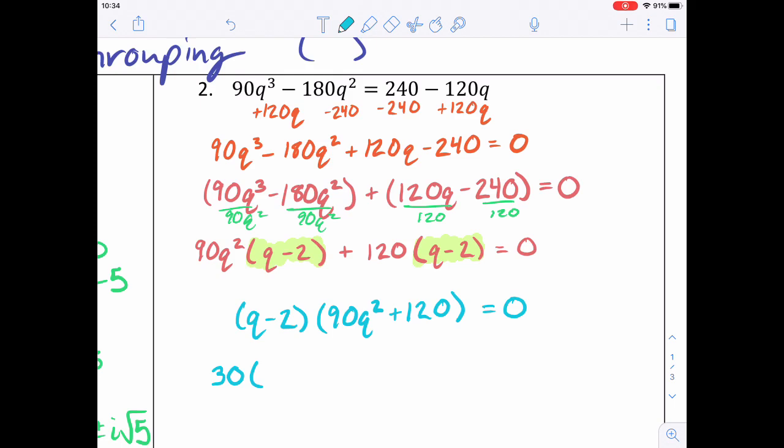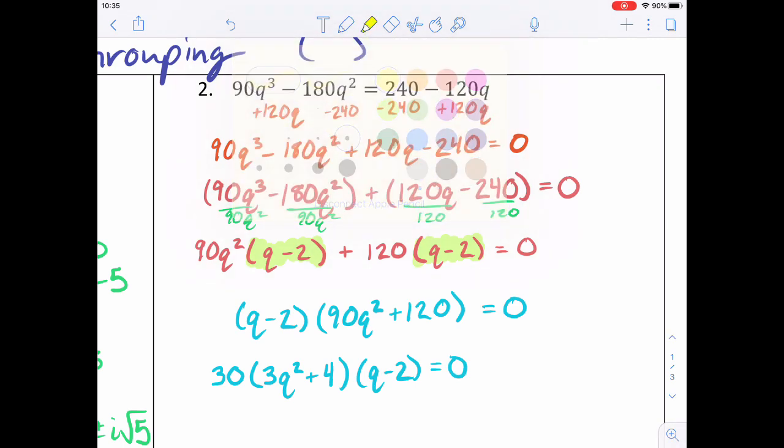Remember, it doesn't matter what order you put your factors in because we're multiplying. So I'm going to move this factor to the front just for myself so that I keep that with the 30. So that's going to go with 3q squared plus 4, and then q minus 2 equals 0. So this is our factorization.